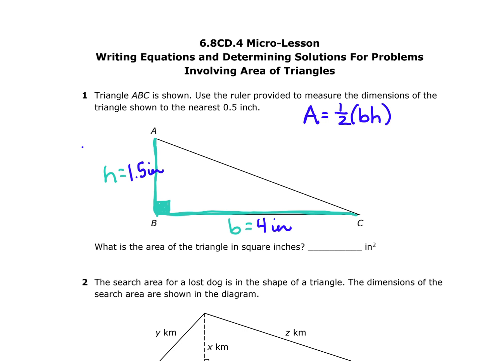Now, let's substitute in what our numbers are. All right, so I have area is equal to, my base is 4 times my height, divided by 2. All right, now when I look at this, I can actually simplify here.